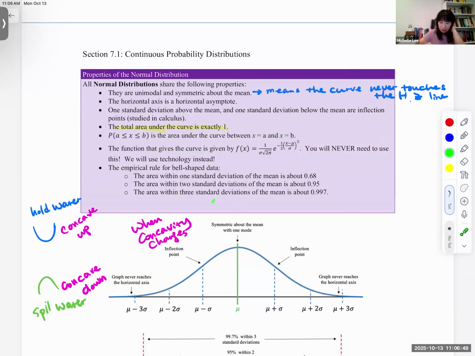Bell shape. So 68% within one standard deviation from the mean, 95% for 2 standard deviations from the mean, and 99.7% for 3 standard deviations. Yeah.